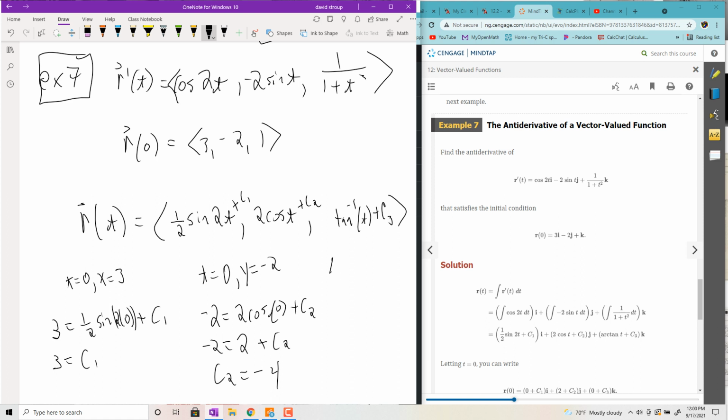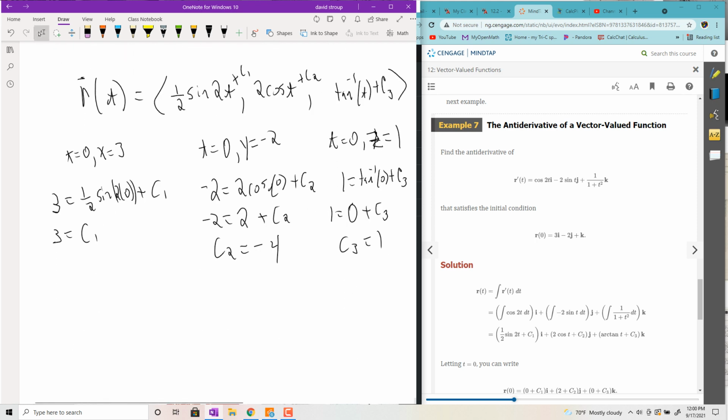And then the last one, t is 0, and we're letting z equal 1. Right, so I got 1 equals tan inverse of 0 plus c3. Tan inverse of 0 is 0, plus c3. And then c3 must equal 1.